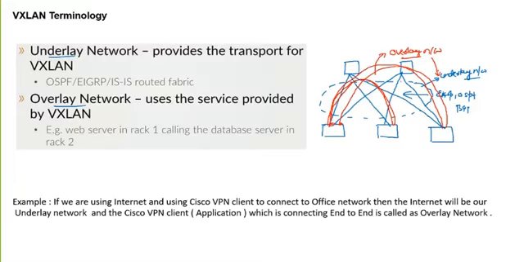So we say it is an overlay network. So the internet is our underlay, and over it we are using a VPN, so we can say it is an overlay network. So here also the underlay network is my EIGRP, OSPF, BGP, and over it we are configuring a VXLAN. So a VXLAN tunnel will be created between each of the leaves. So we say it is an overlay network.